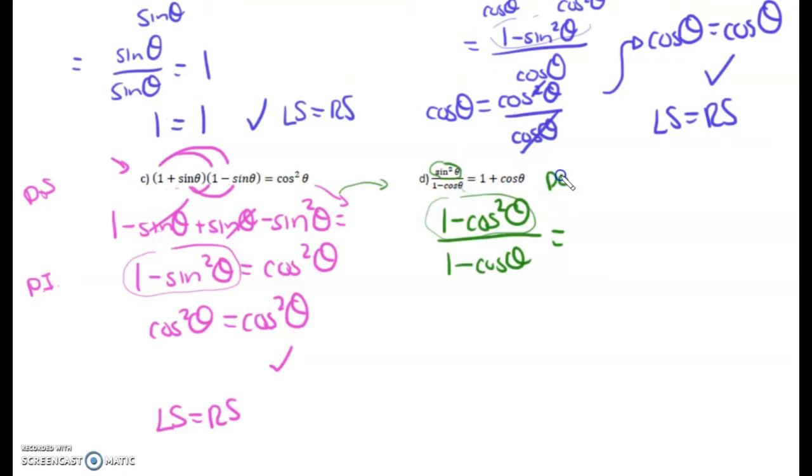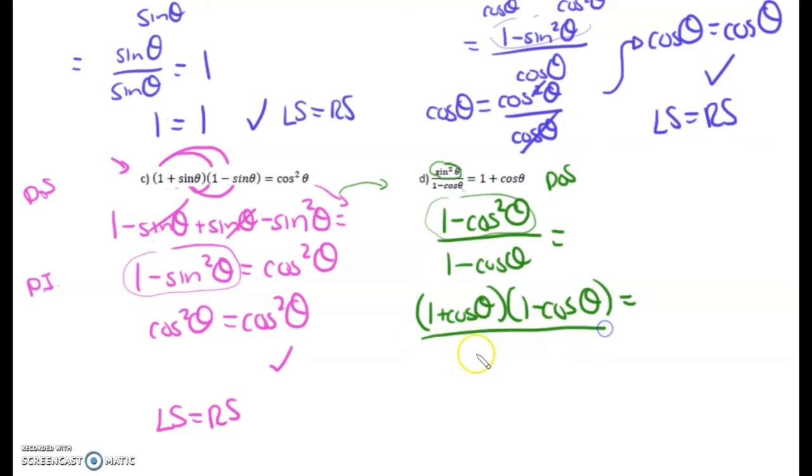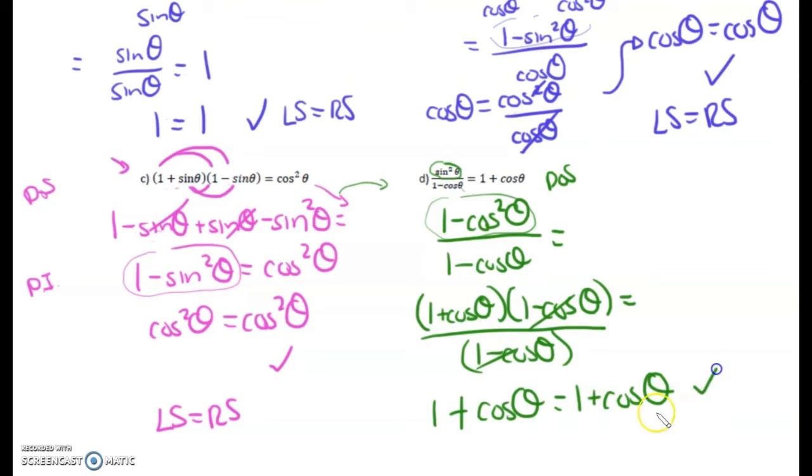This is a difference of squares. So how you would factor that is you would get 1 plus cos theta and then 1 minus cos theta, and that's all going to be over 1 minus cos theta. Okay, these 1 minus cos thetas cancel, and I'm left with 1 plus cos theta, and then that equals the right-hand side, which is 1 plus cos theta. Left side equals right side.